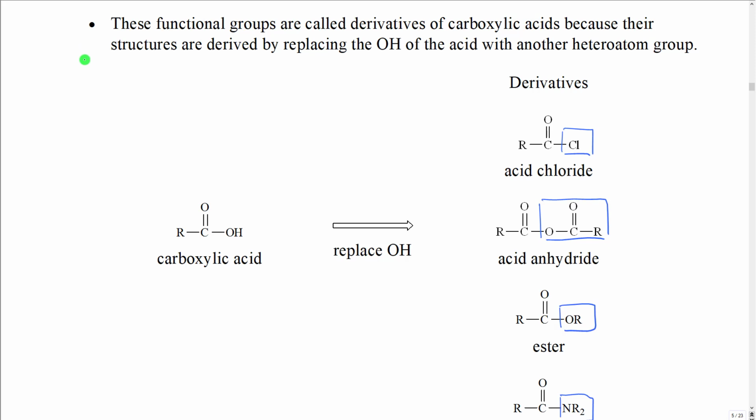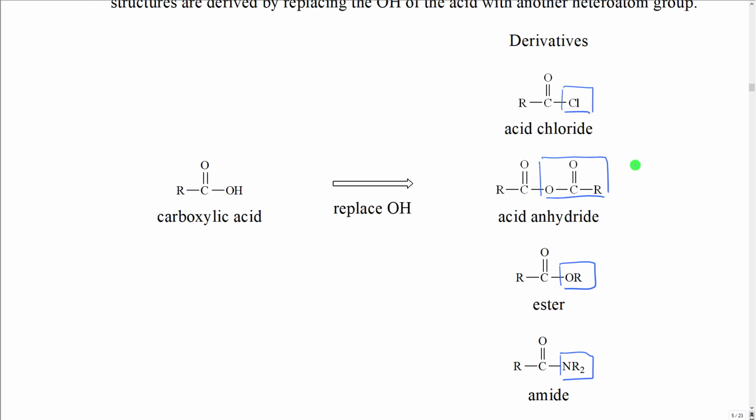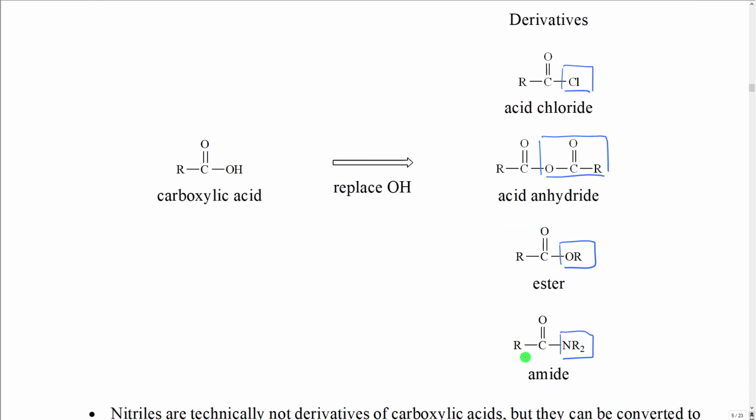So as organic chemists look at carboxylic acids, and then we look at certain other functional groups, such as acid chlorides, acid anhydrides, esters, amides, and in fact there are other ones that we will not talk about in this class, but that you will probably encounter in things like biochemistry.